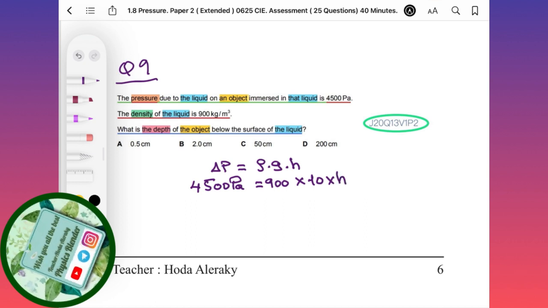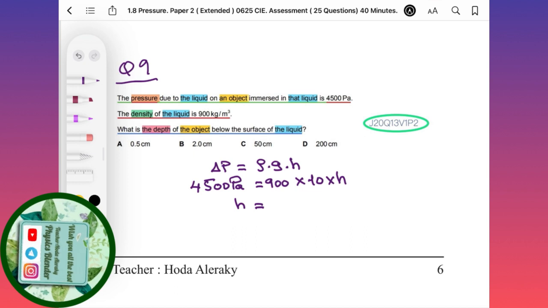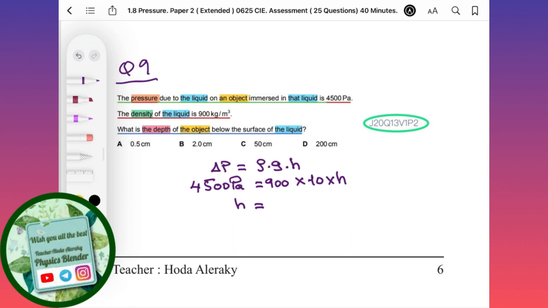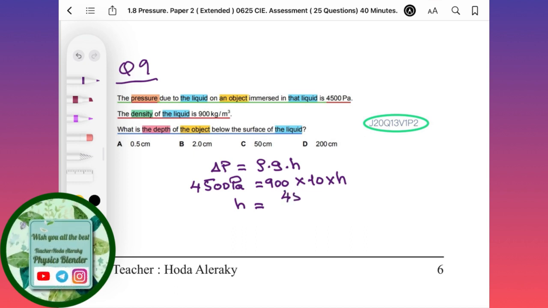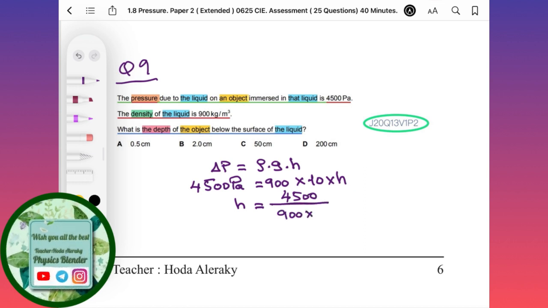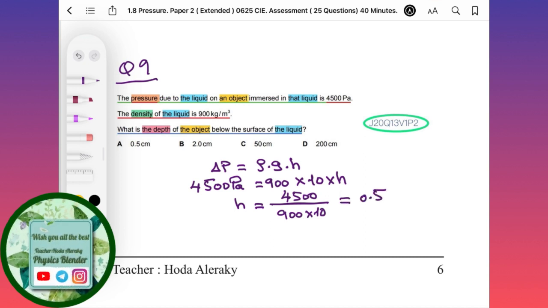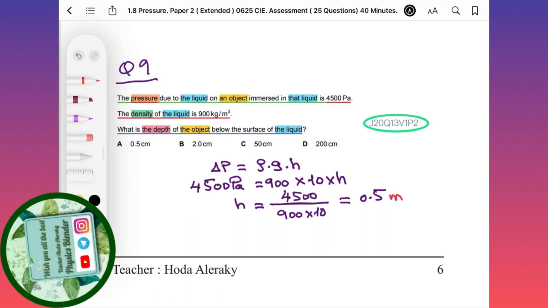When you calculate depth, it will be equal to, when you rearrange, your answer will be 0.5 meters.